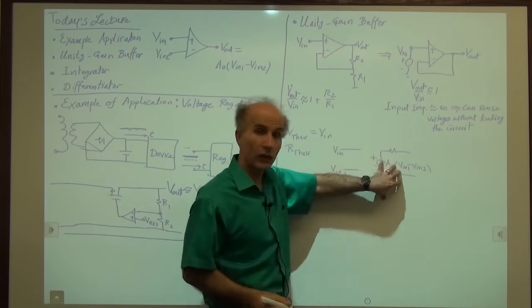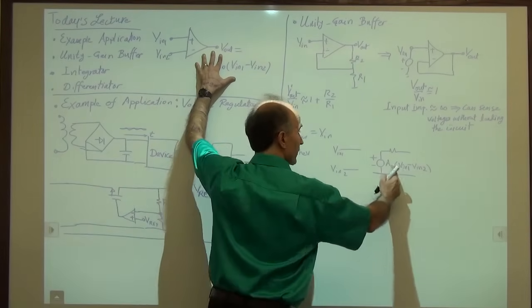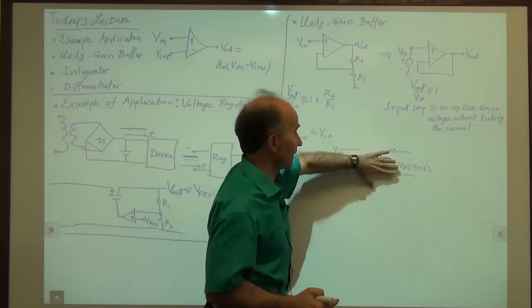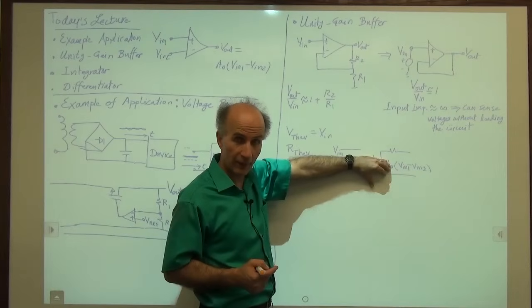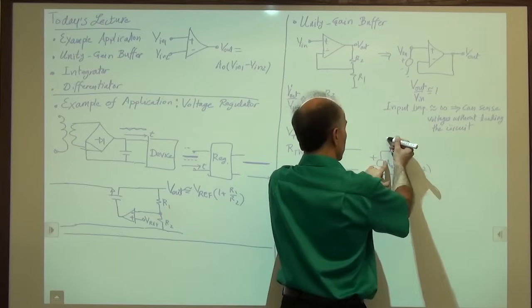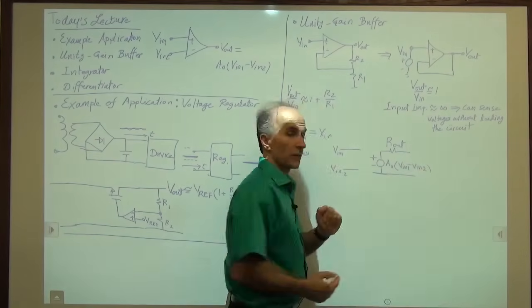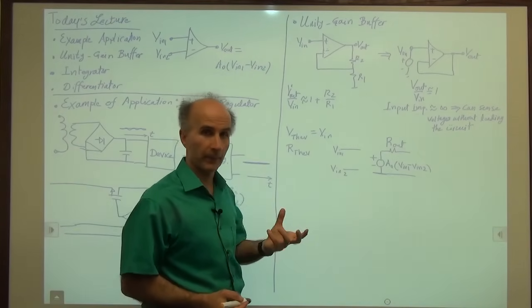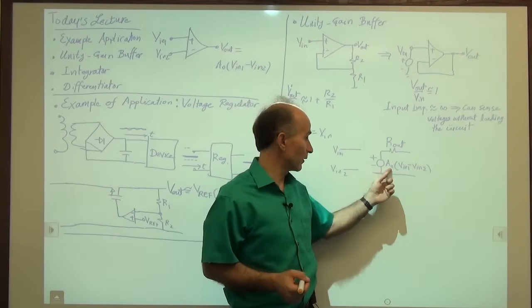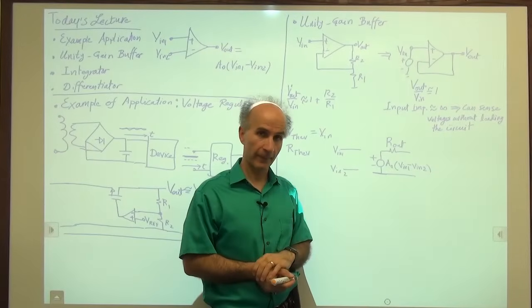So far, these represent this operation here, right? We generate a voltage at the output, which is equal to A0 times the difference at the input. So far, that's the ideal op-amp with a gain of A0. But then the op-amp may have an output resistance, so that's what we call, for example, R out. This entire circuit models one op-amp that you can buy, let's say 741. In 741, A0 would be 100,000, and R out would be 75 ohms.